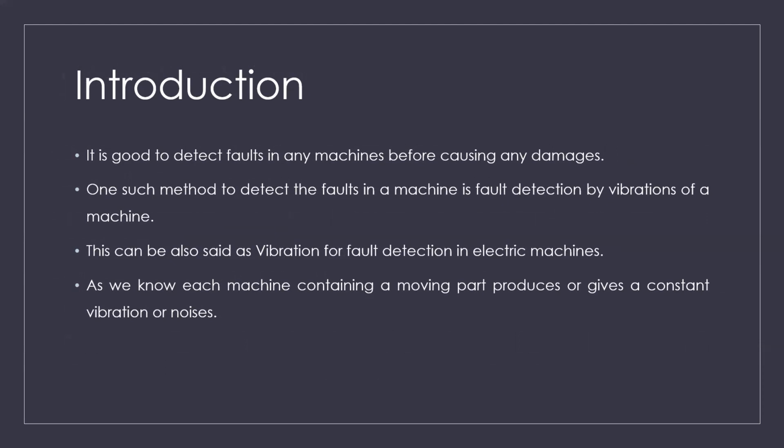One such method to detect faults in a machine is fault detection by vibration of a machine. This can also be said as vibration for fault detection in electrical machines. As we know, each machine containing a moving part produces a constant vibration or resonates at a certain frequency.